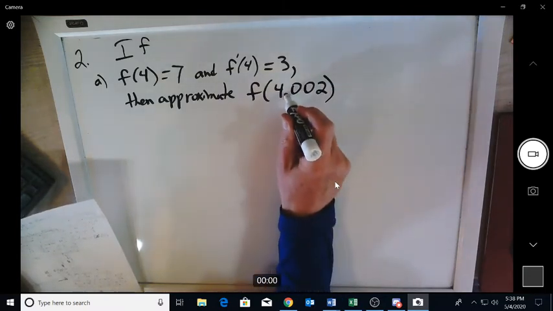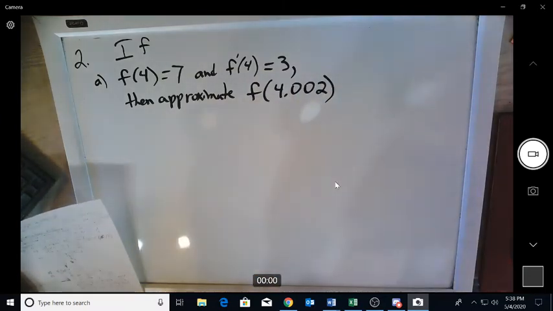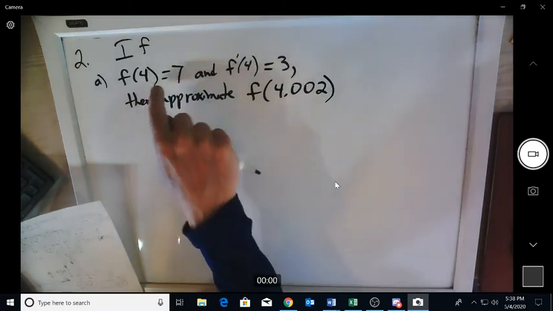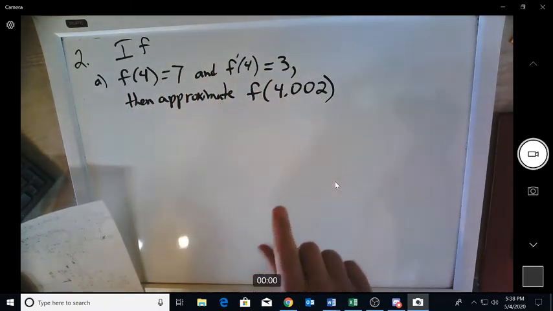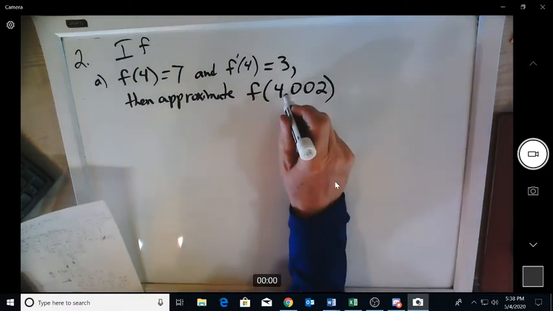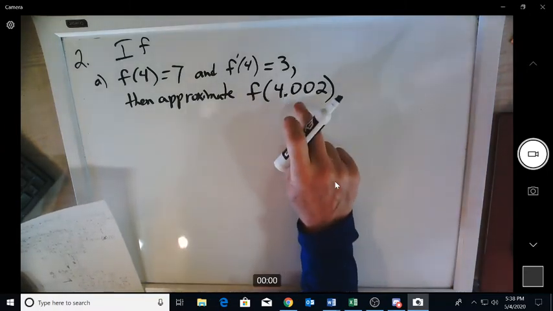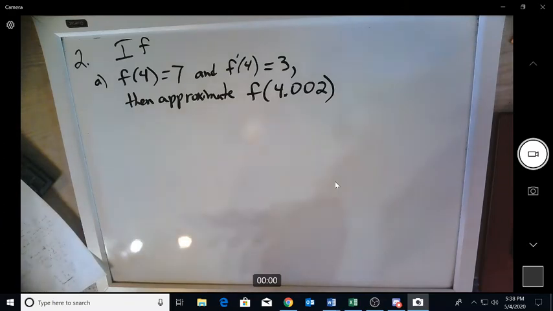Now you're going to need to draw a picture to be able to approximate that. You're going to have to put this and this somehow and give it meaning on your diagram, and that'll lead you to a reasonable approximation for this. Let me give you a minute for that.